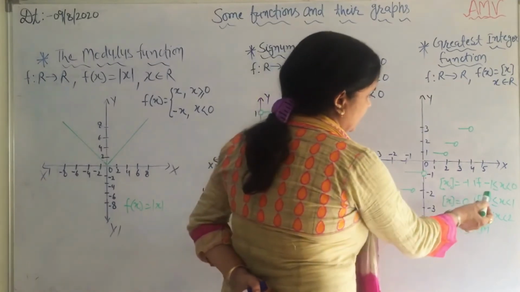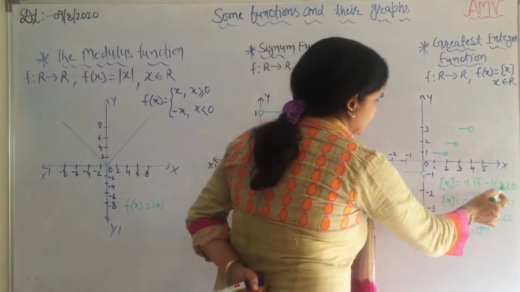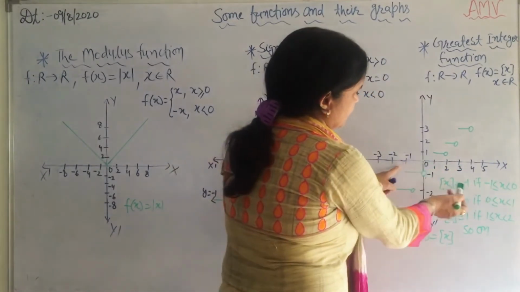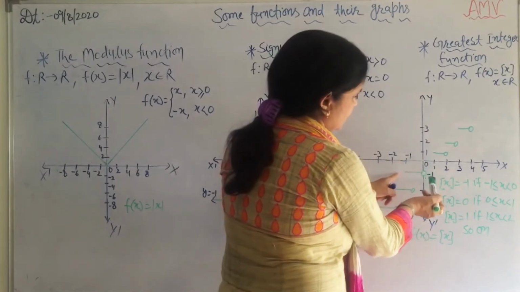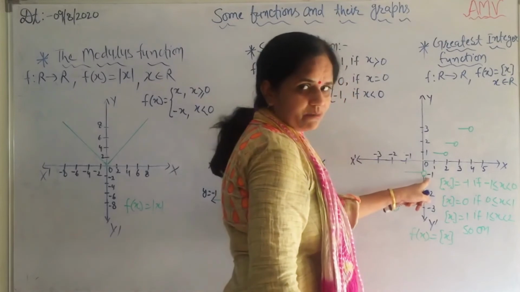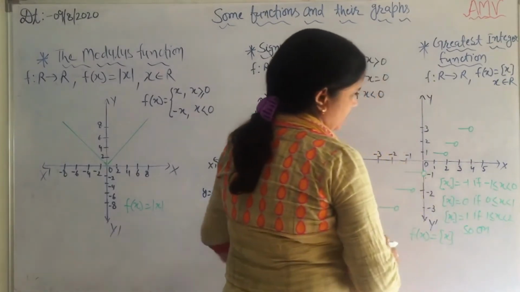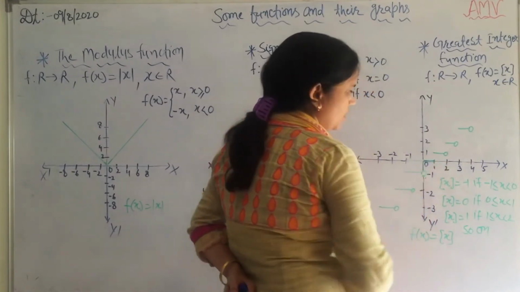Now see, when x is greater than or equal to minus 1 and less than 0, meaning this part, then the answer is minus 1. So the graph is here in this interval, at the point minus 1. And when x is 0 to 1, then the answer is 0. The graph is only here, 0 to 1.